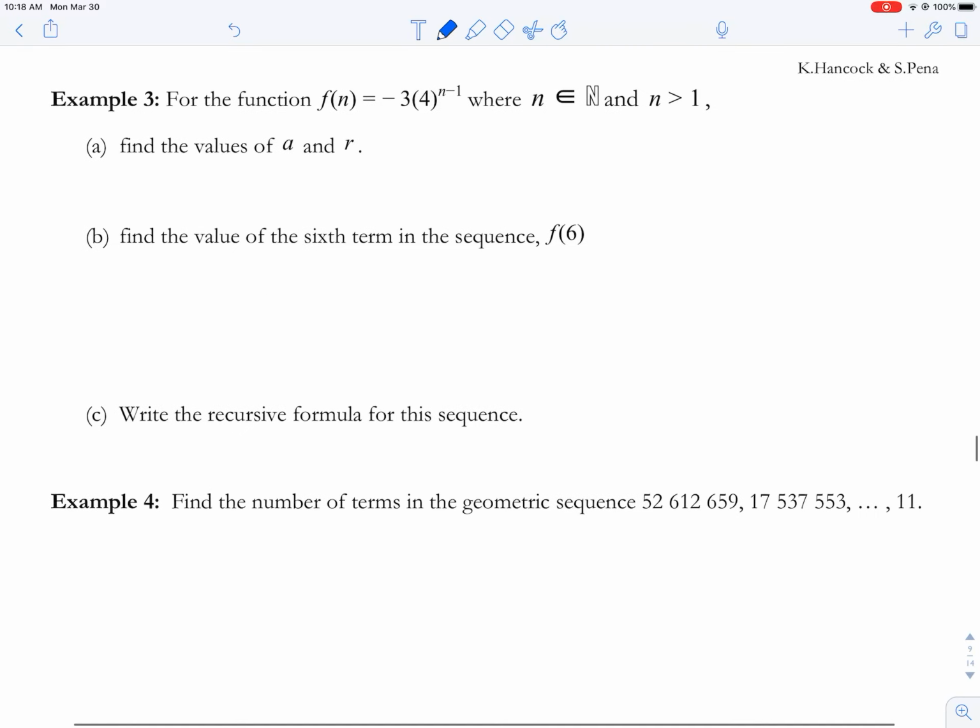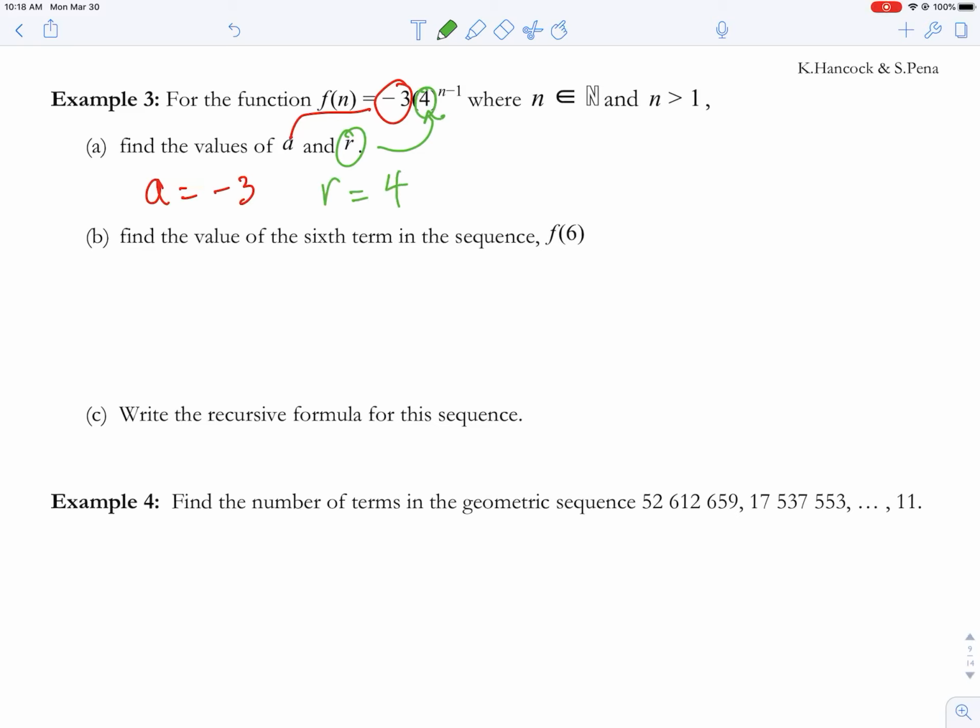Example 3. For the function f of n equals minus 3 times 4 to the n minus 1, it wants us first to find the values of a and r. So a is this number out front, so a equals minus 3. And r is going to be the number inside the bracket, so r equals 4.